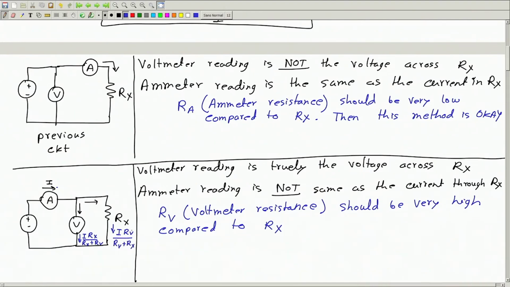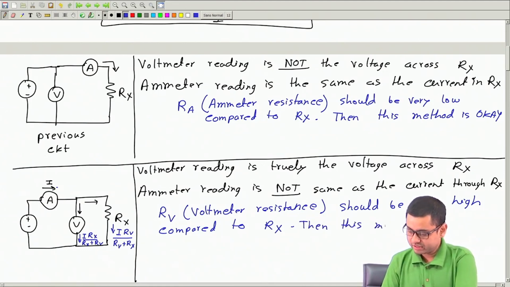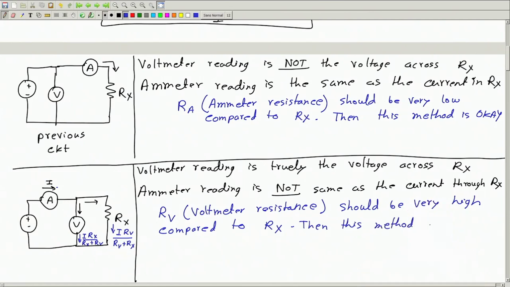Now if Rv is very high compared to Rx, then we can ignore this Rx, and therefore this will be almost the same as I. So almost the entire current goes through Rx, and very little current goes through the voltmeter. So then the ammeter reading will be almost the same as the current through the resistance. So then again this method is okay.